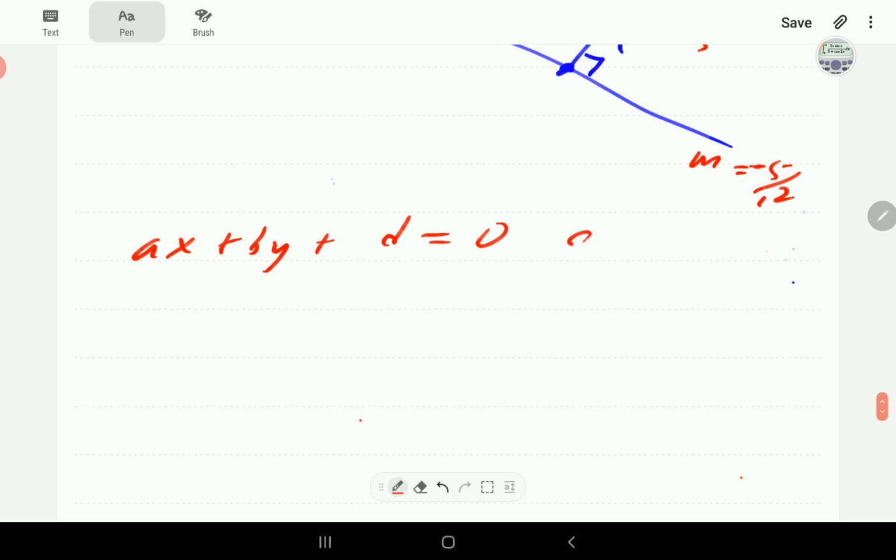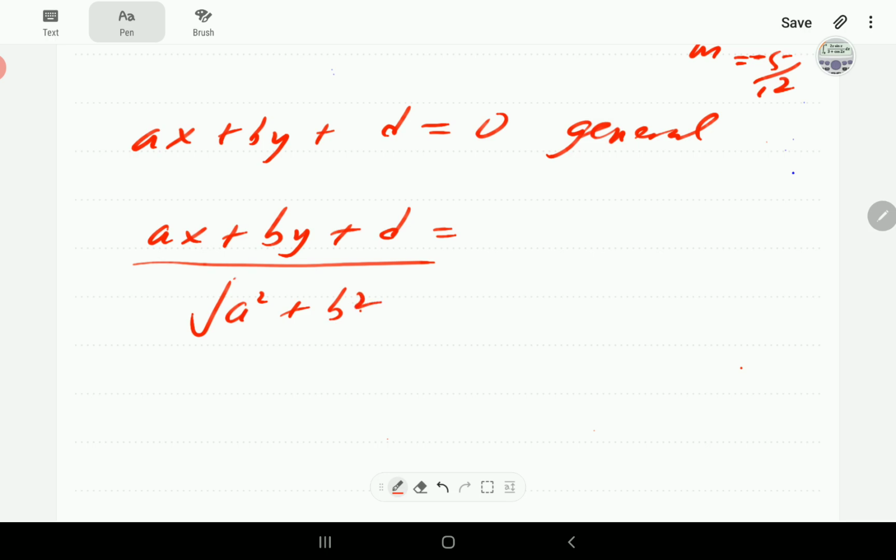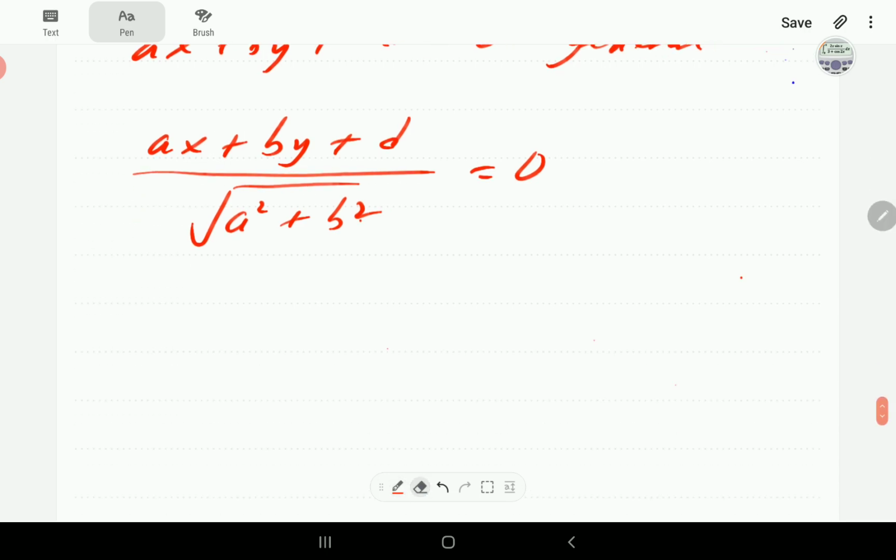From the general form, we derive the normal form by dividing everything by the square root of a squared plus b squared. Then that gives us the normal form. And once you have got the normal form, then the shortest distance from any point to the line is simply found by plugging in the coordinates of that point.